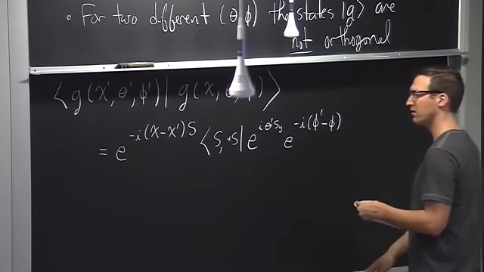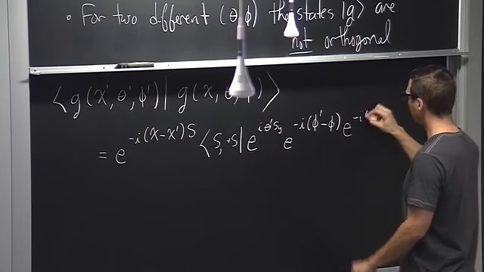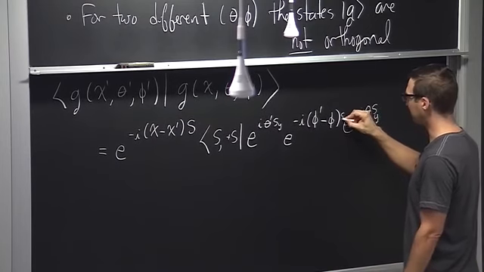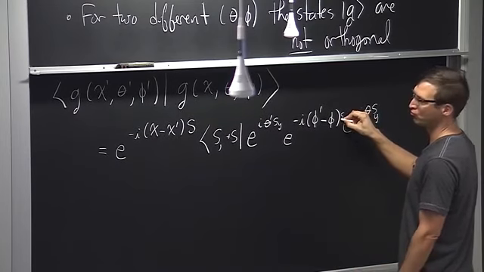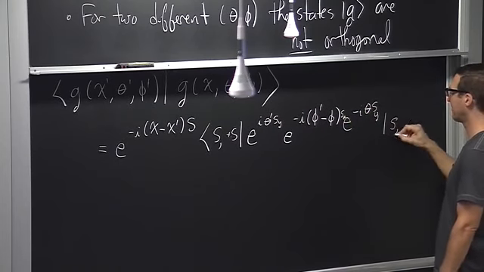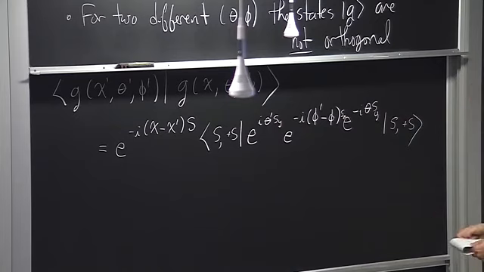I think I did this right. E to the minus i theta, oh, I forgot my operator here, S z. I'm not calculating anything. I'm just showing that this generally isn't zero, so I have to worry about all these angles.